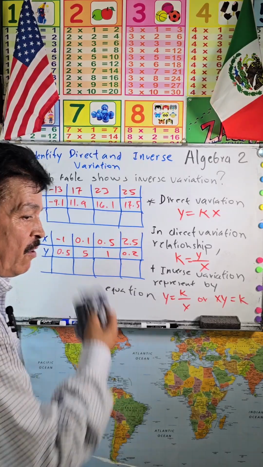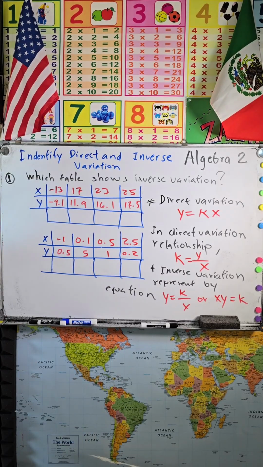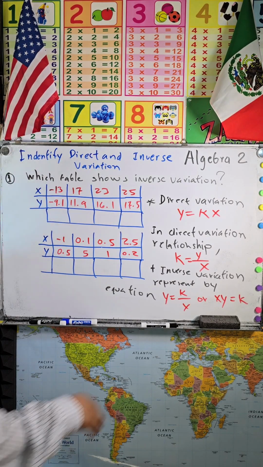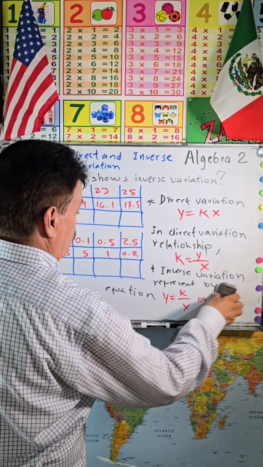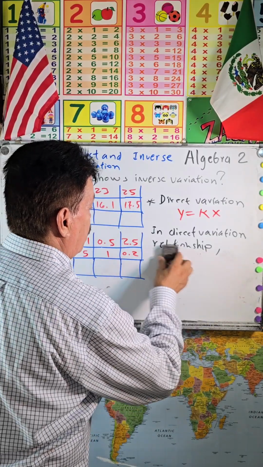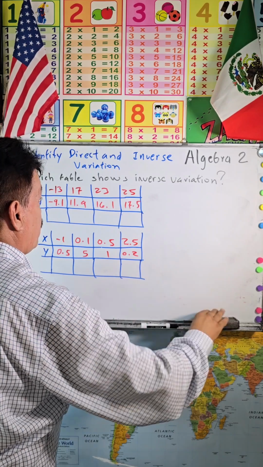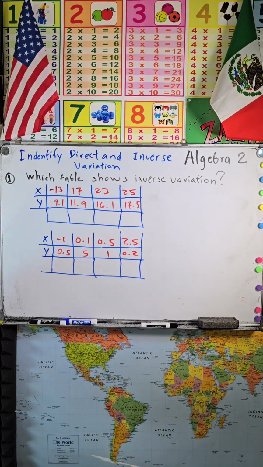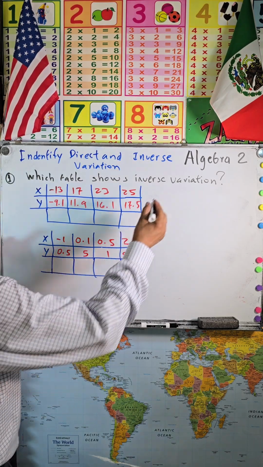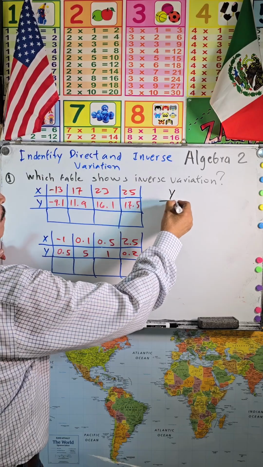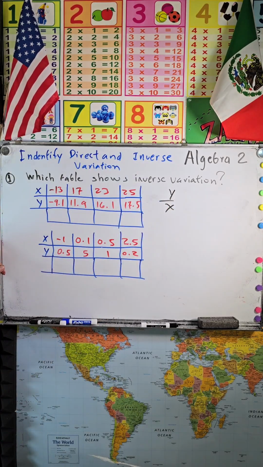Okay, but let me go over the problem. Let me show you what I mean. The first table shows direct variation because you divide y by x here, you divide y by x here, you divide y by x here.